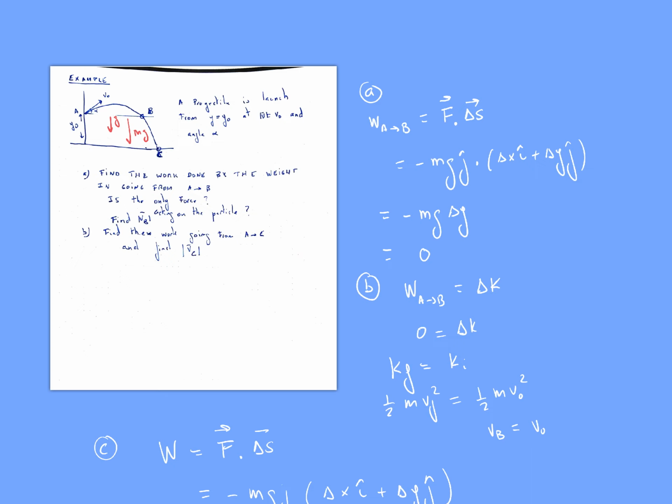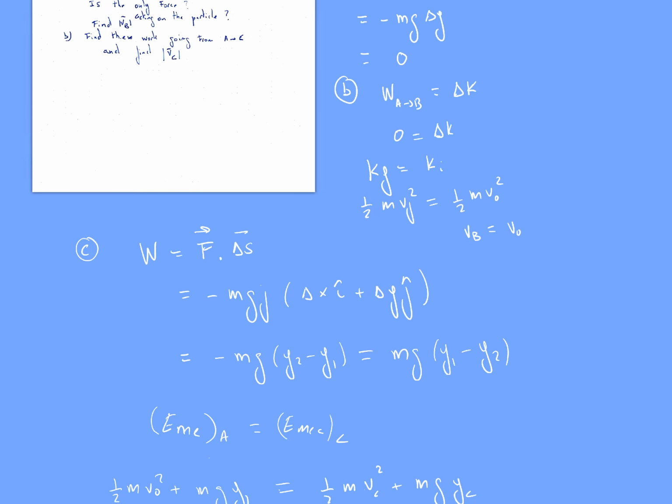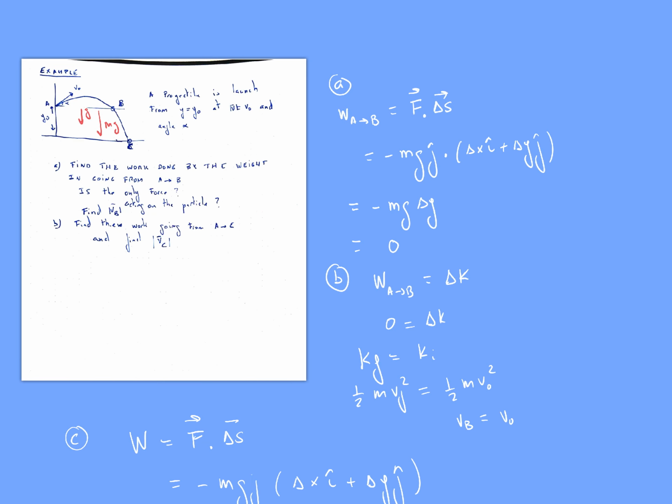The problem says, find the work done by the weight in going from A to B. Let's do it in a different way. Maybe I have done it using the dot products. You can check it here, but let me do it in another way.